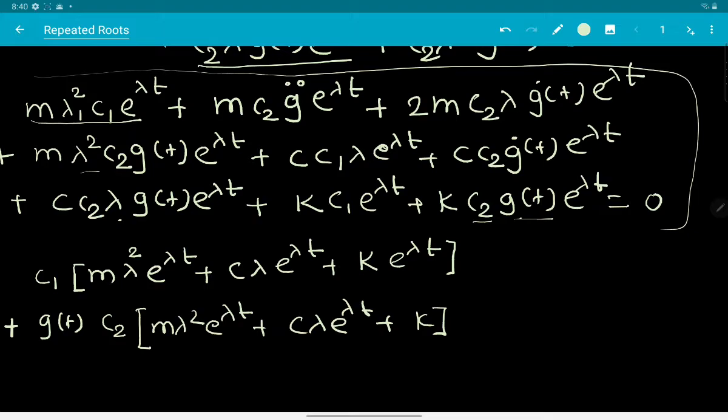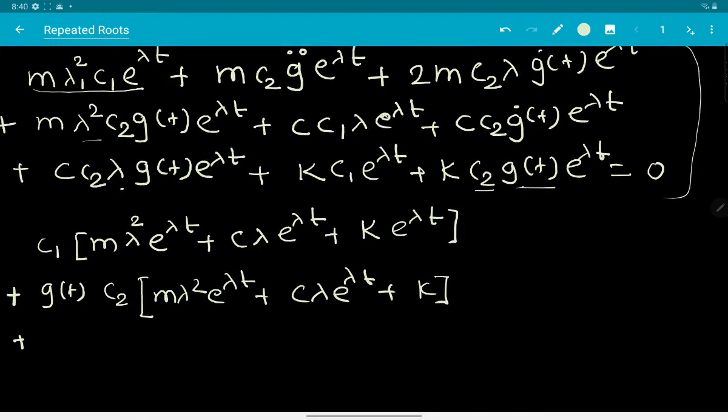I can keep g of t inside, or I can take g of t out. That doesn't matter. So let me take it out. Now the third set, let me write down the third set using those quantities which have got g dot of t into them.